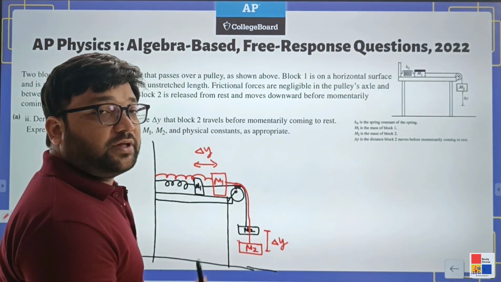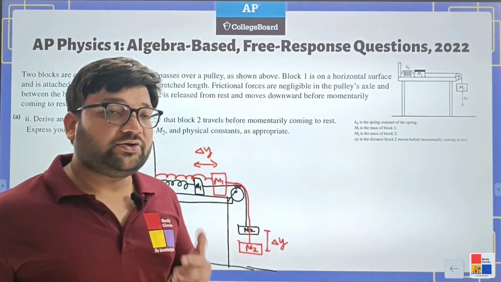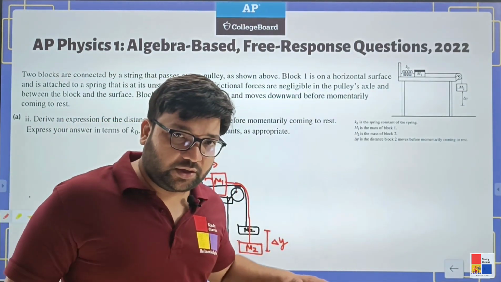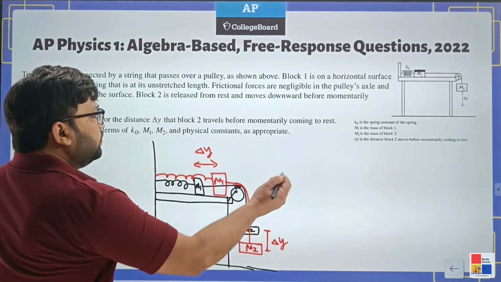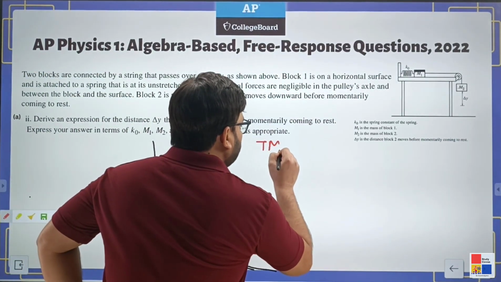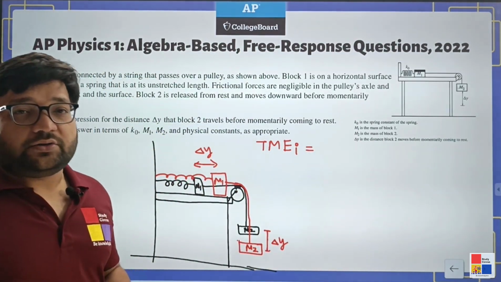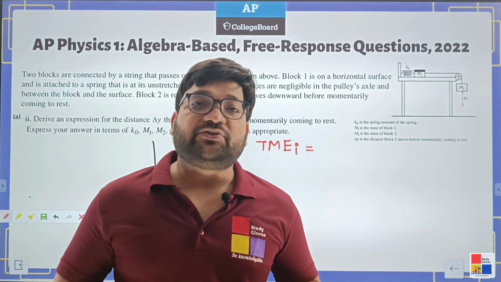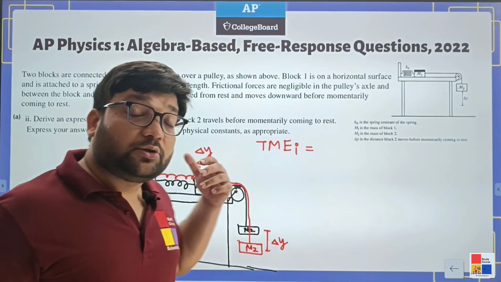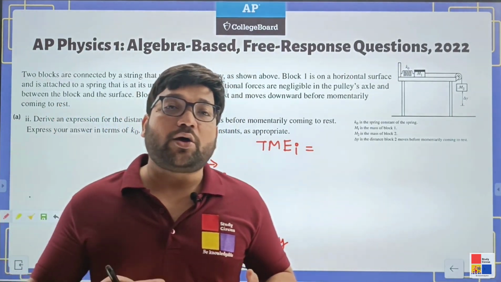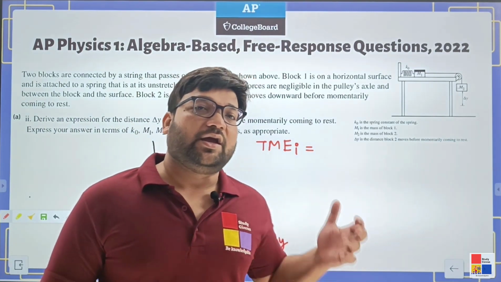So now I'll use the conservation of mechanical energy to analyze by what amount the mass m2 is going down, right? So the total mechanical energy, the mechanical energy is the sum of kinetic and potential energies, right? And the total mechanical energy is conserved because there are no non-conservative forces acting in the system.